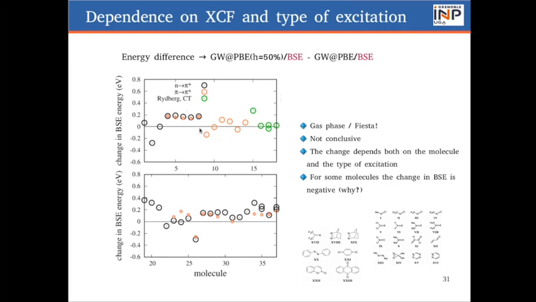We can see that there's really not a difference between n-pi-star and pi-pi-star excitations, and that the same molecule can have a larger or smaller difference depending on the case.